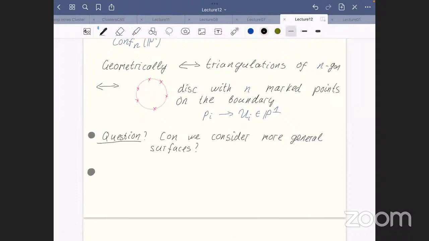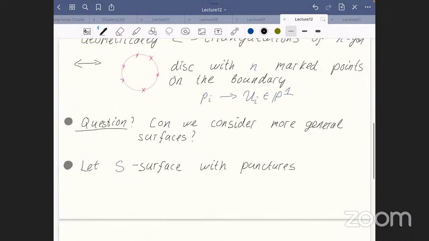So let S be a surface with punctures. It is sometimes convenient to assume that the surface can have boundary.